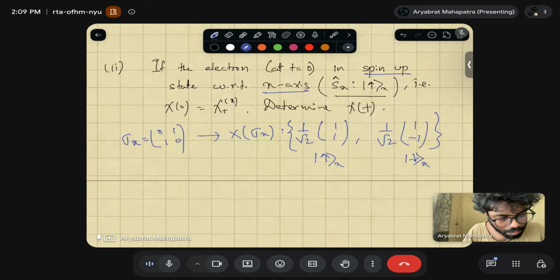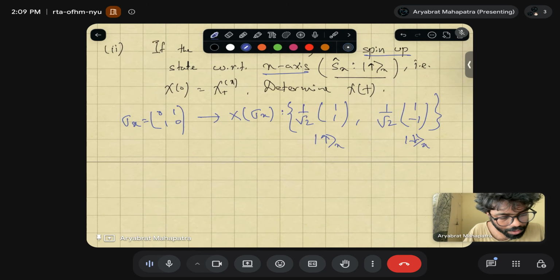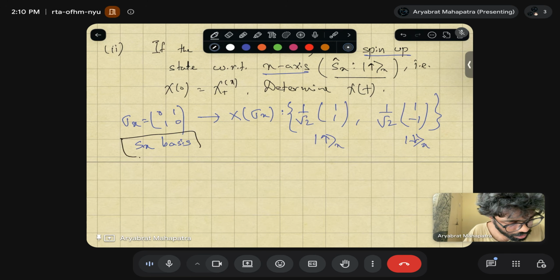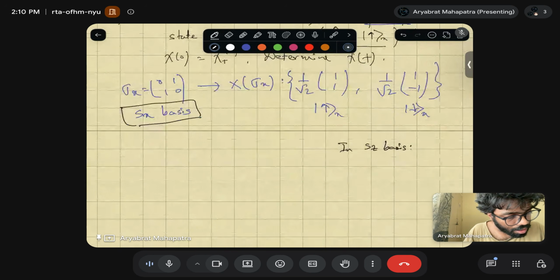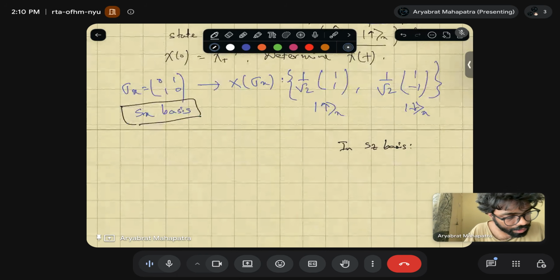So this is known as the spin up state, and this is known as the spin down state. This is not the usual spin up, spin down state which we used to write in the Sz basis. So we call this the Sx basis, the spin x component basis. In the Sz basis, our usual relation used to work.